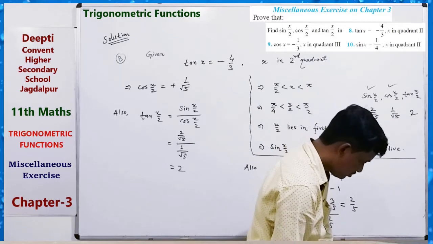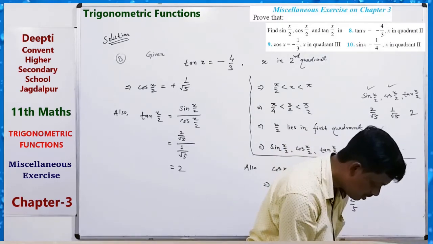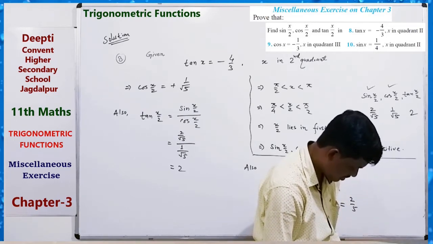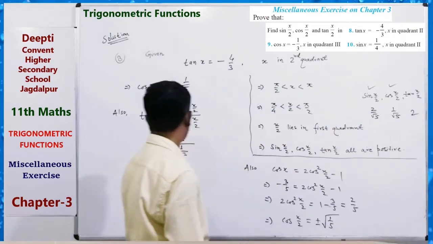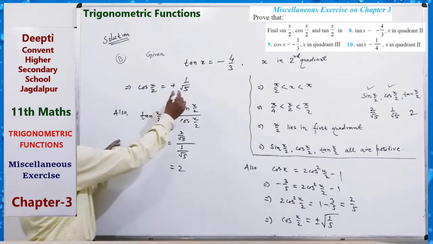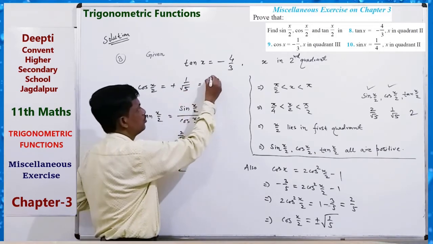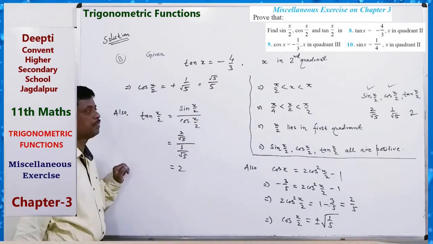Okay, so we can see the answer, exercise 3.3 miscellaneous question 8.2. Here we can also write the value of this by rationalization as root 5 by 5. Clear?